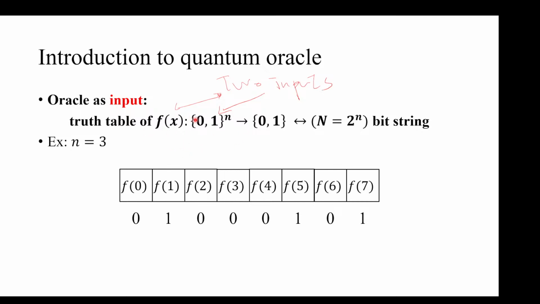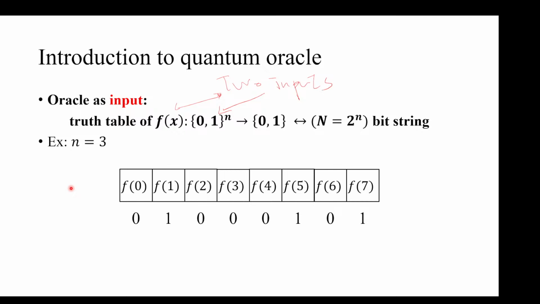We are going to think that we don't really know what this f of x is. We just think it's an n-bit to 1-bit function, and we want to compute some property of f of x. If you think of this whole function as an input, then you basically need to describe it as the truth table of the function. So that will be a big N equal to 2 to the n bit string. Here is an example of our big input.